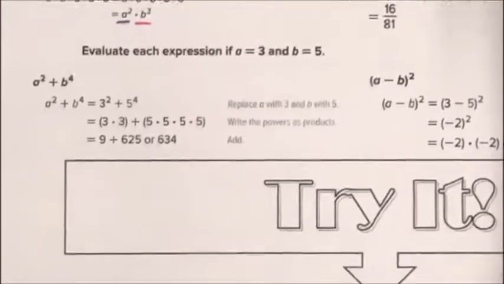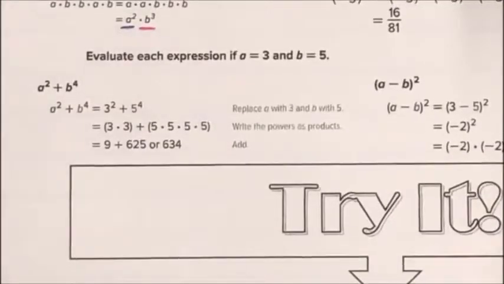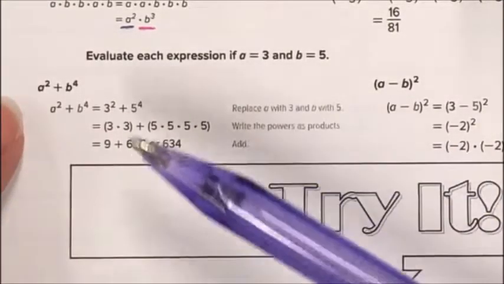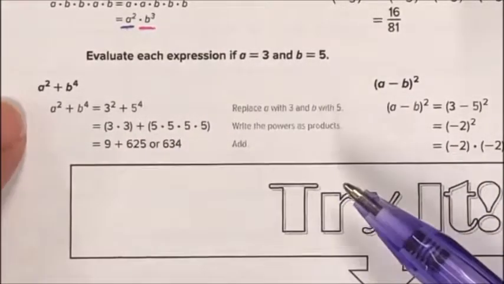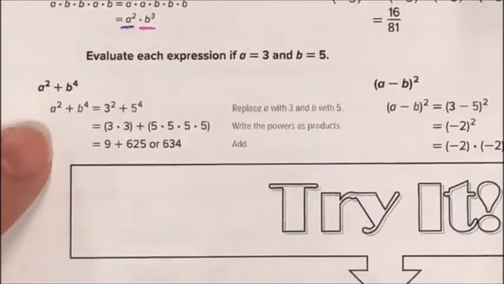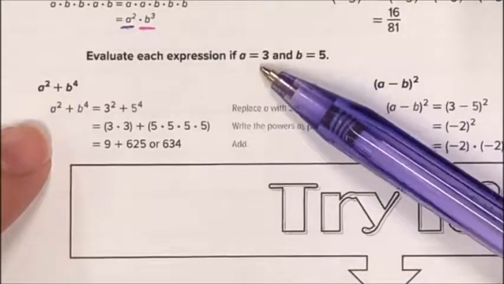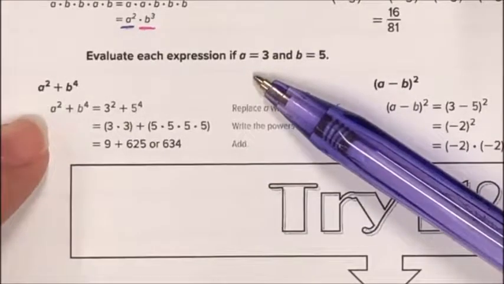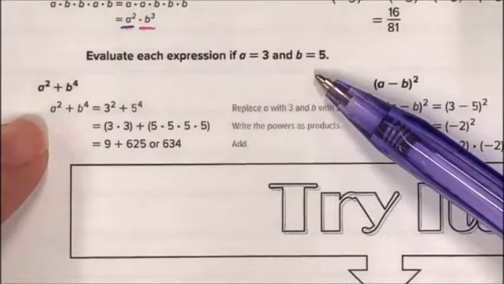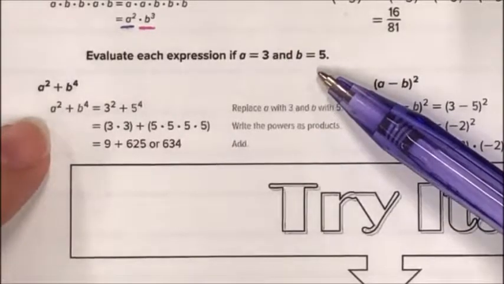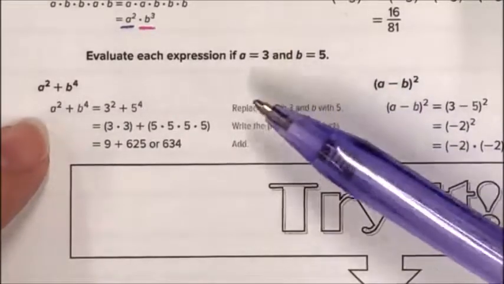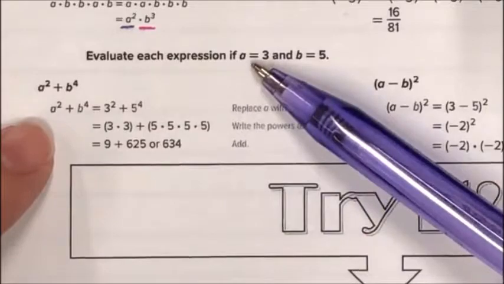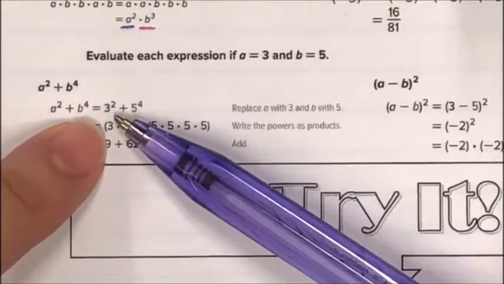Okay. My last two are dealing with evaluation based off of A equals a certain number and B equals a certain number. So the first one I have is A squared plus B to the 4th. So what I'm going to do is take the A they gave me and substitute it in for wherever I see an A in my expression. I'm going to take 5, which they gave me for B, and substitute it in for B. So A was 3, so I get 3 squared.